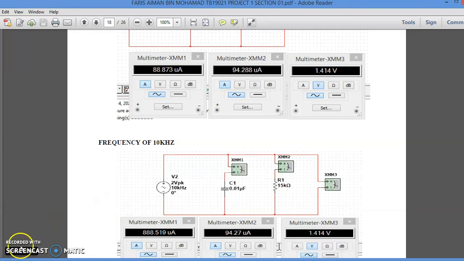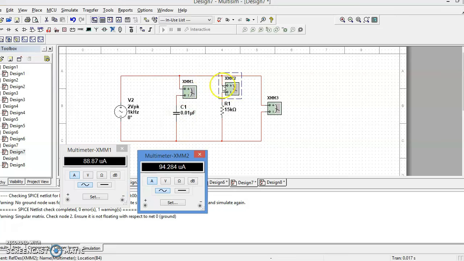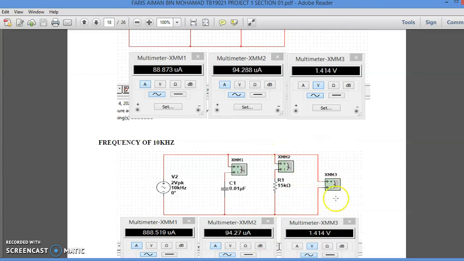The circuit was set up like this by connecting a series of ammeter. The value is 88.87 microampere and 94.28 microampere.